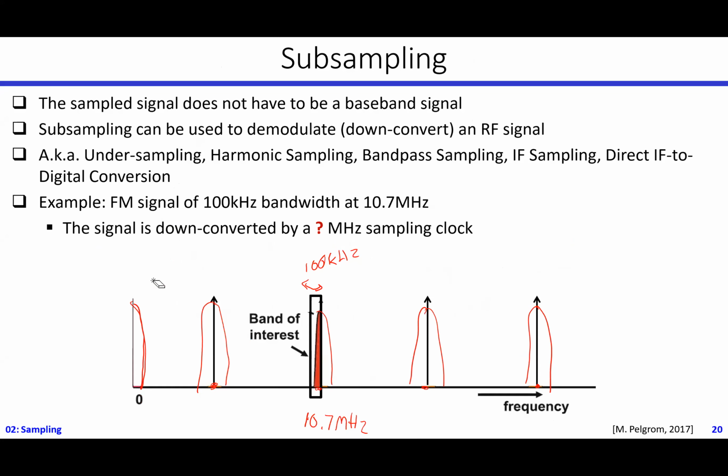So here I have the 0 baseband, I have FS here, 2FS, 3FS, 4FS. Assume this is 0, this is FS, this is 2FS, this is 3FS, and this is 4FS. So what does this mean? How much is your FS?